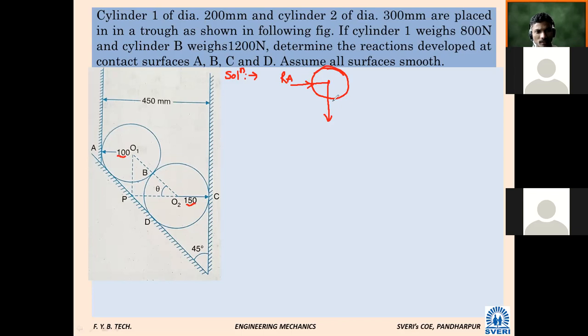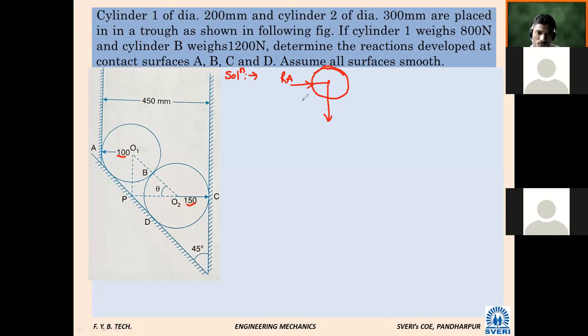That arrow in the figure is for the distance 100, it is not RA. We always have to keep in mind that action and reaction are equal in magnitude and opposite in direction.